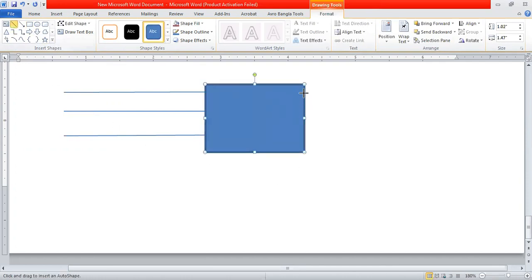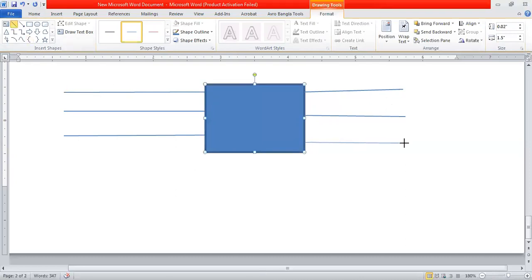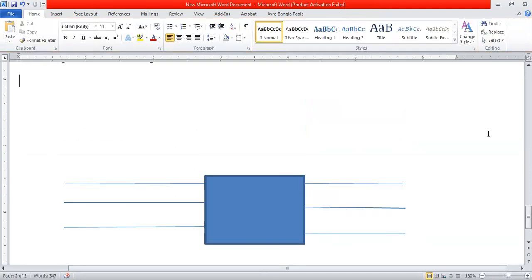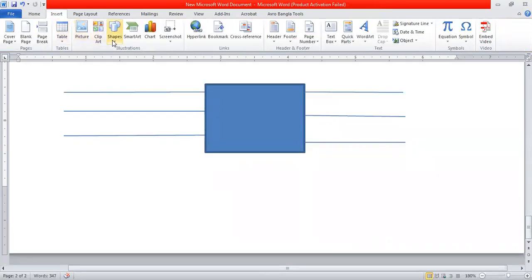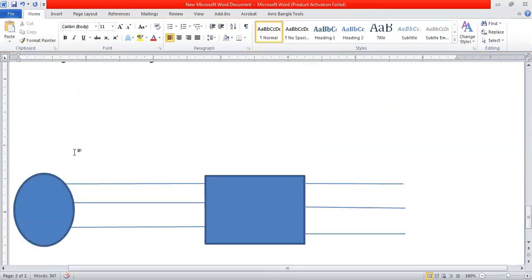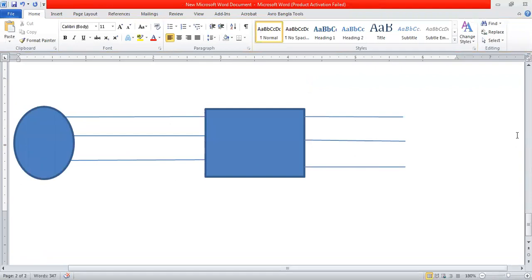Definitely, this is a three-phase transformer. And this is a generator. Definitely, this is a three-phase generator, and so on.